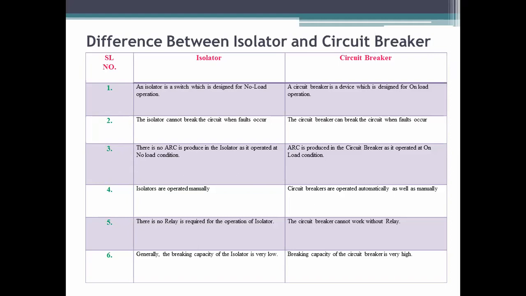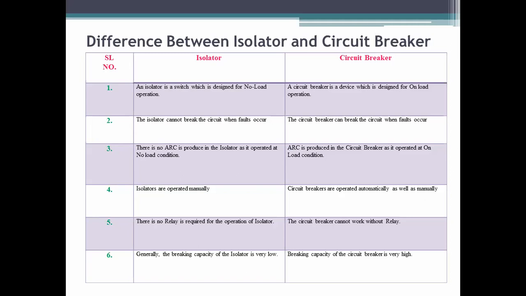Okay. Then second difference is the isolator cannot break the circuit when fault occurs, right? Means there is no any sensing device that fault has occurred there. So we know that when we are considering our simple switch, we are using a protecting device as a fuse there, but that switch does not automatically open when the fault is occurring.